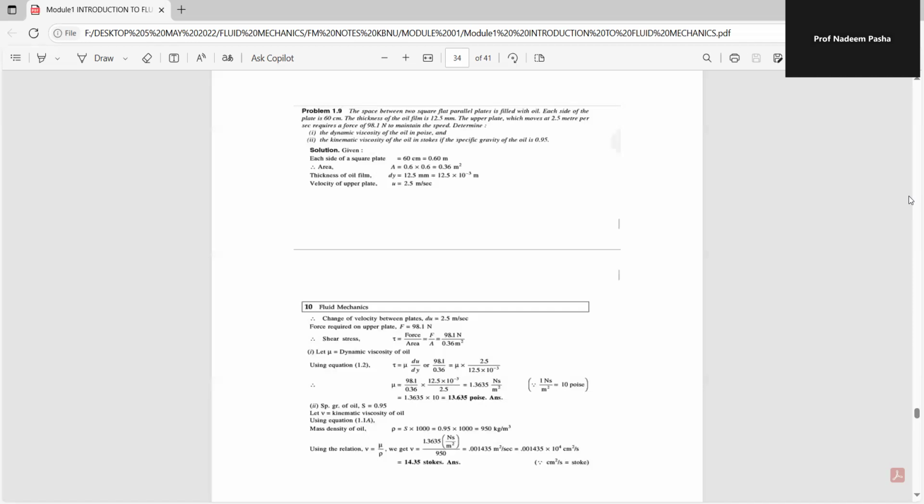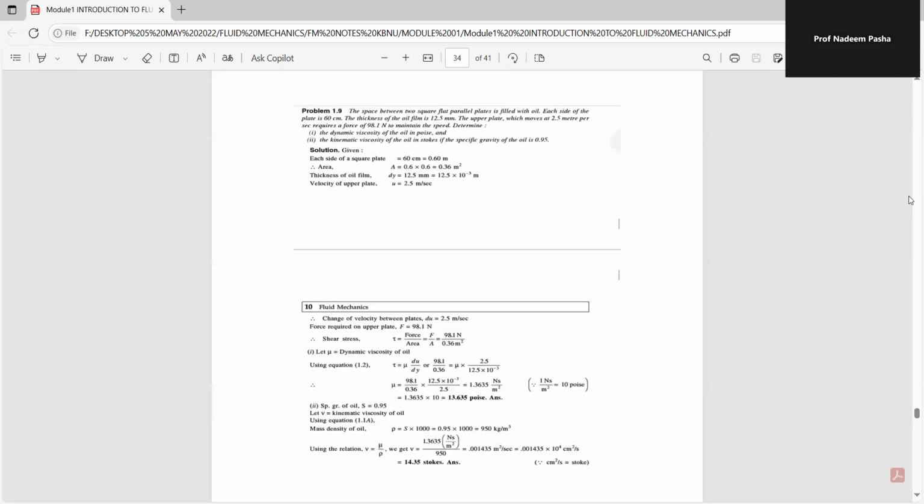In the second bit, the specific gravity of oil is given to us as 0.95. Let V be the kinematic viscosity of oil. Using equation 1.1a, mass density of oil rho is equal to S into 1000, where S is nothing but specific gravity. If you do, you will get the density of oil. It comes out to be 950 kg per meter cube.